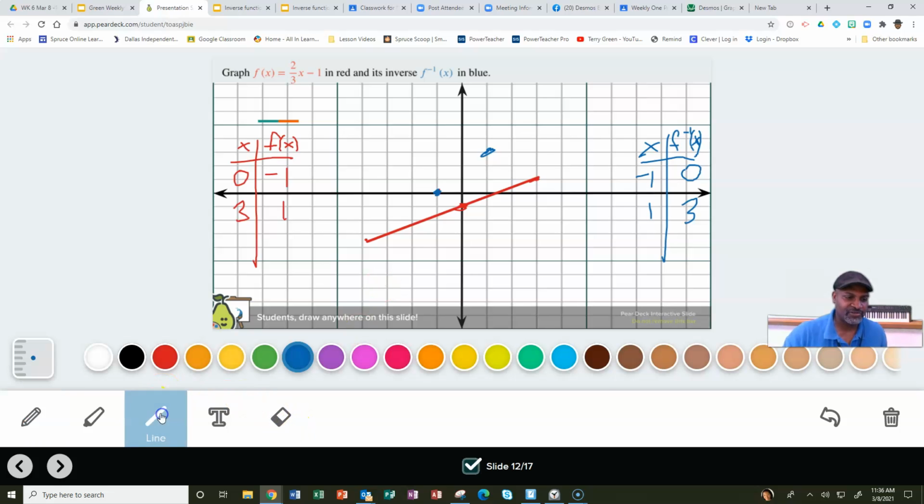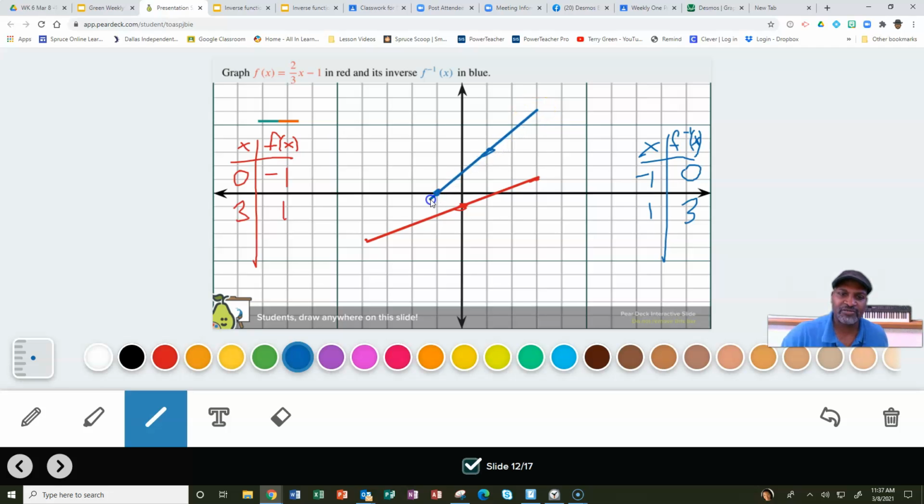So now I'm going to see if I can draw a blue line here and connect. Let's see, look at that. I see that it's 3 up and 2 over, 3 up and 2 over. So I just want mine to look pretty good.